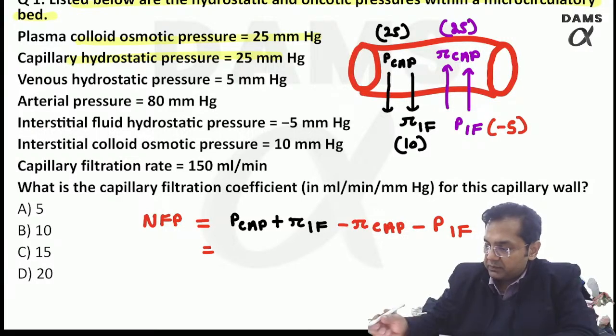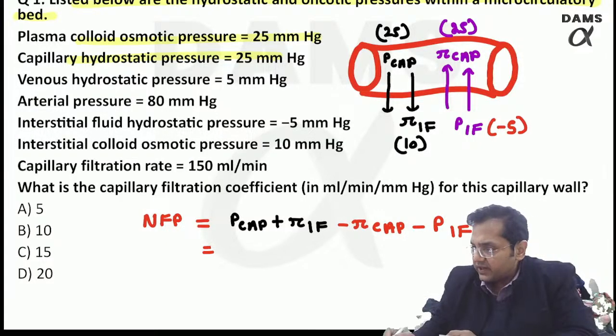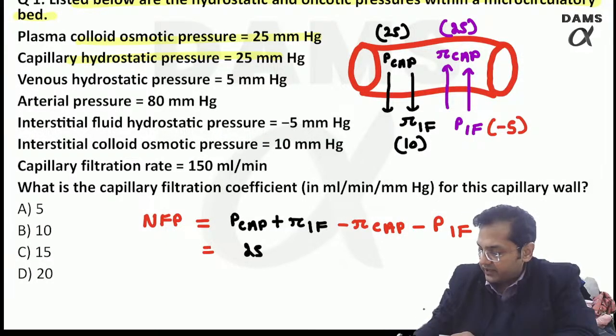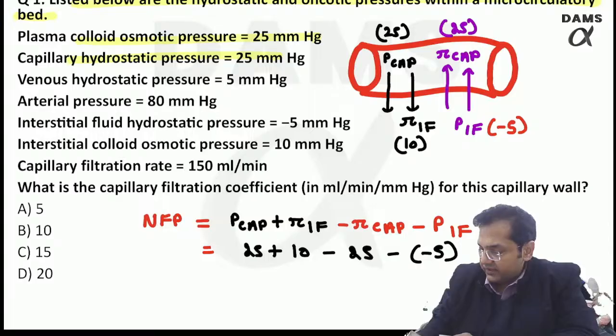Now let's do simple mathematics. You are right, absolutely correct. 25 plus 10 minus 25 minus -5. That's a very important thing, and you have given me the correct answer. It is 15 millimeters of mercury.